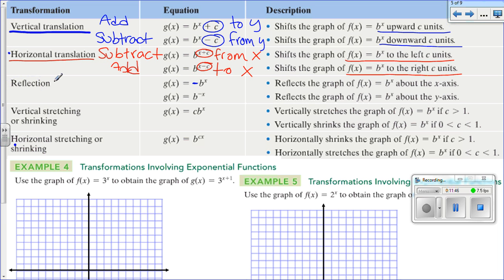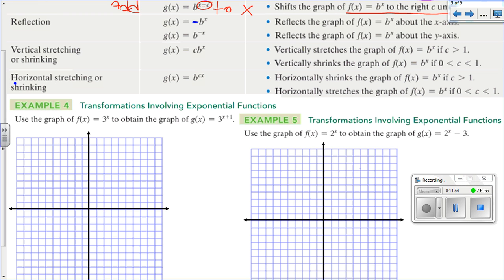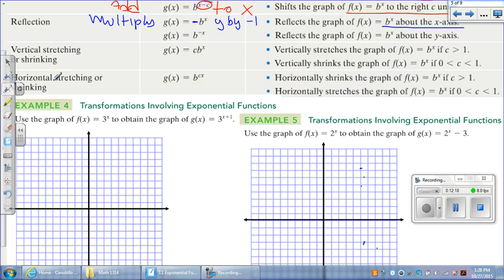So that one will make the y values, let's say that you have a positive y value here, and then it turns into a negative y value. So that would be a reflection across what? The x-axis. So reflection about the x-axis, but what you do is you multiply y by -1. Let's look at the other type of reflection, which is across the y-axis.